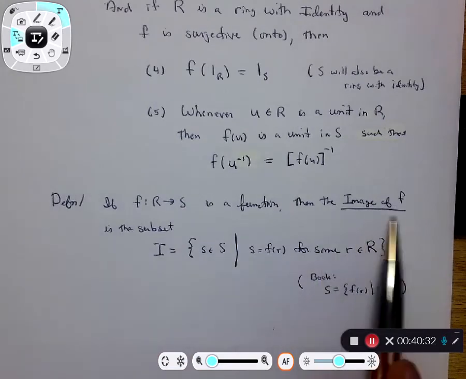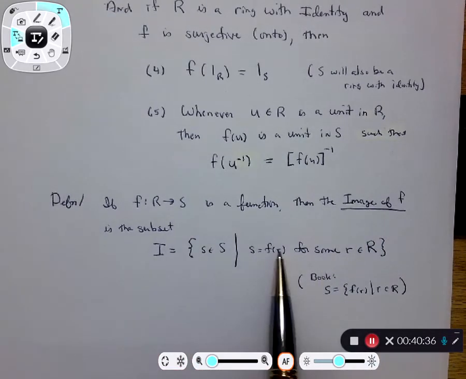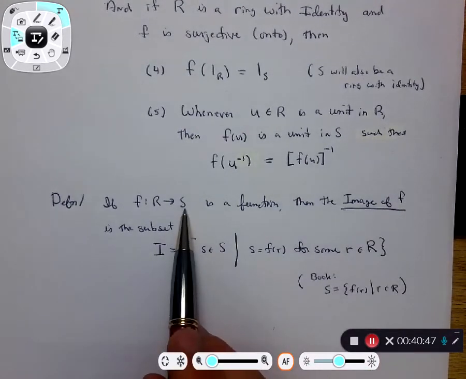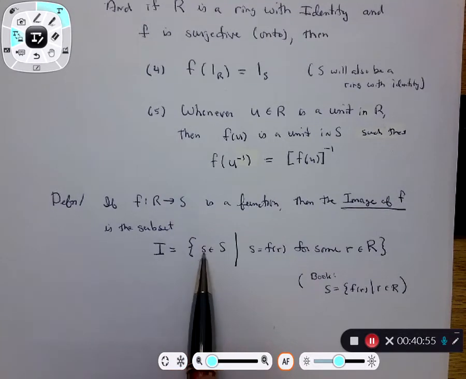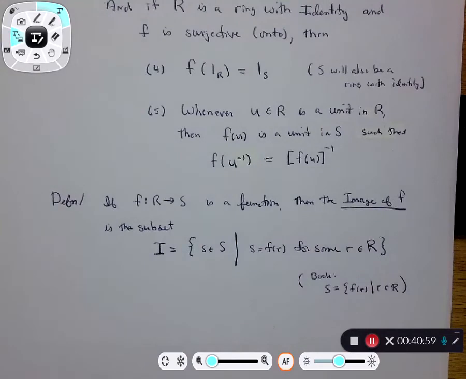So the image of F are the elements from S that actually have somebody in R mapping to them. That's what it is basically in English. So the image is basically inside of S, but it's your true range. I think the fancy term for that is the codomain, if you go back and look at your high school algebra books. So the actual guys that get mapped to is called the image of F.